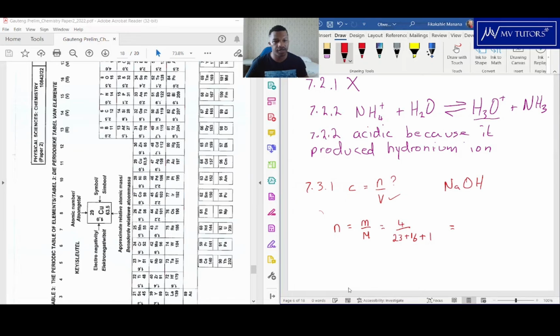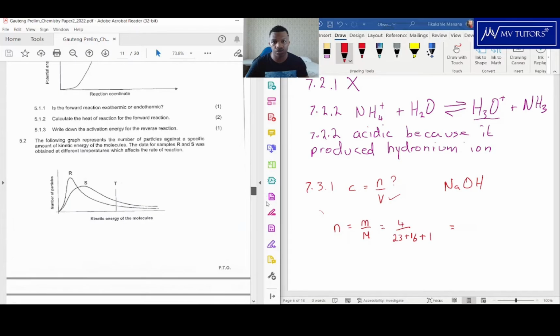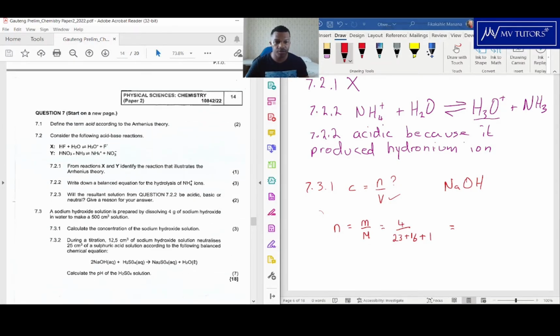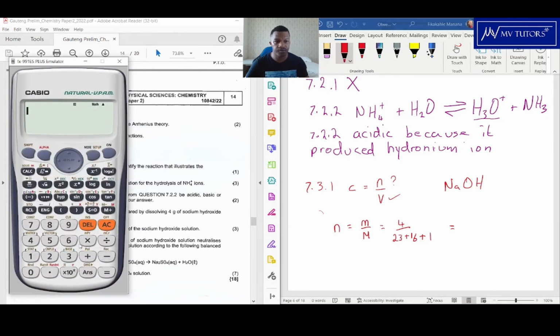This formula will then give us the number of moles. Let's bring out a calculator. On top we got 4, on the bottom it's 23 plus 16 plus 1 over 40. Let's change it to decimal, 0.1. So our number of moles is 0.1.